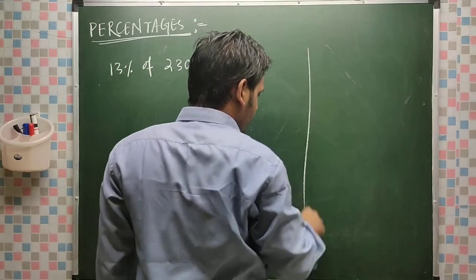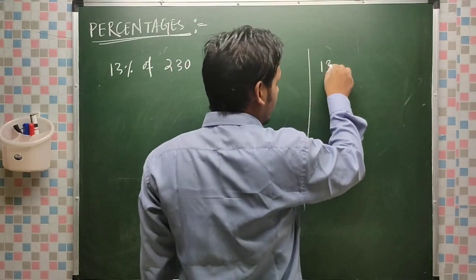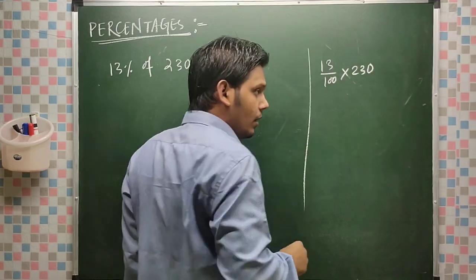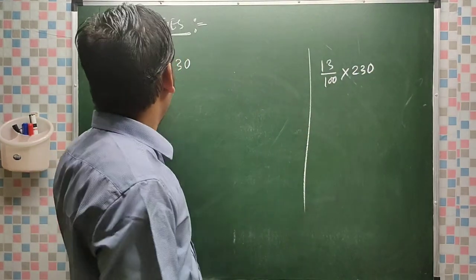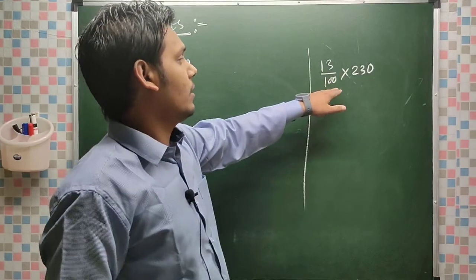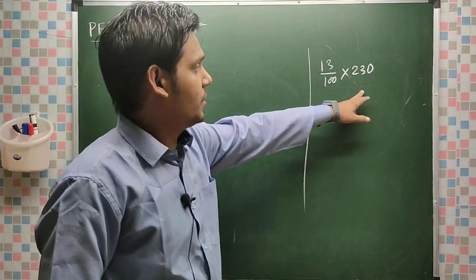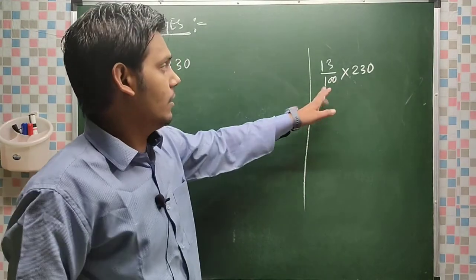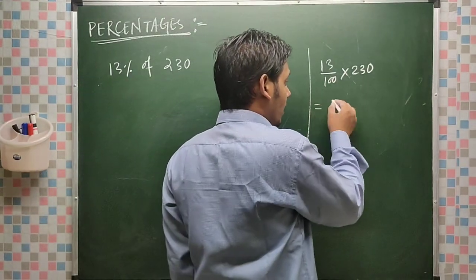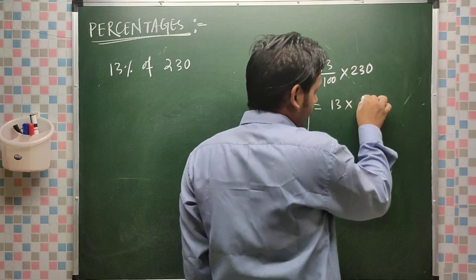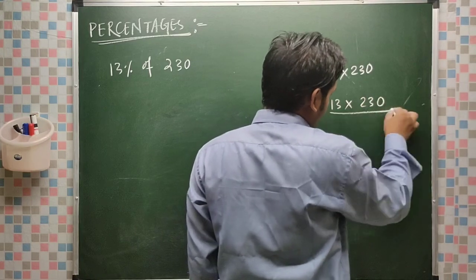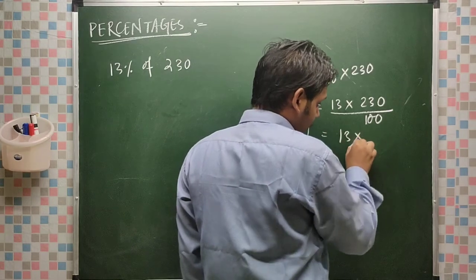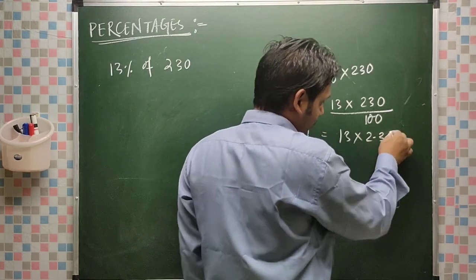In math we do 13 by 100 into 230. 13% means 13 by 100, and out of 230 we have to evaluate. We can also write 13 into 230 by 100, that means 13 into 2.30.